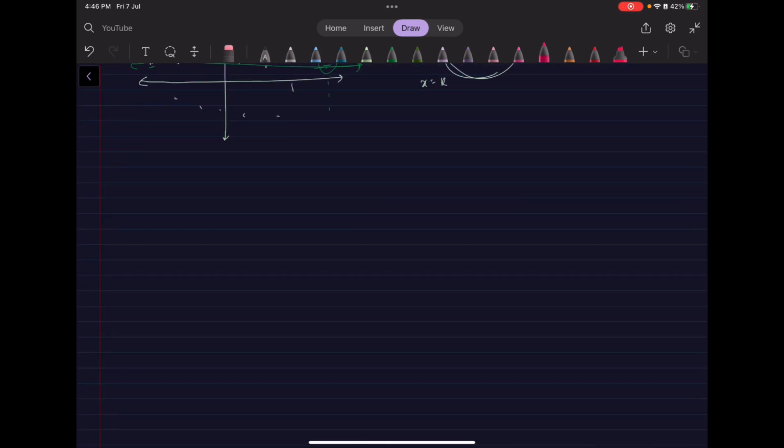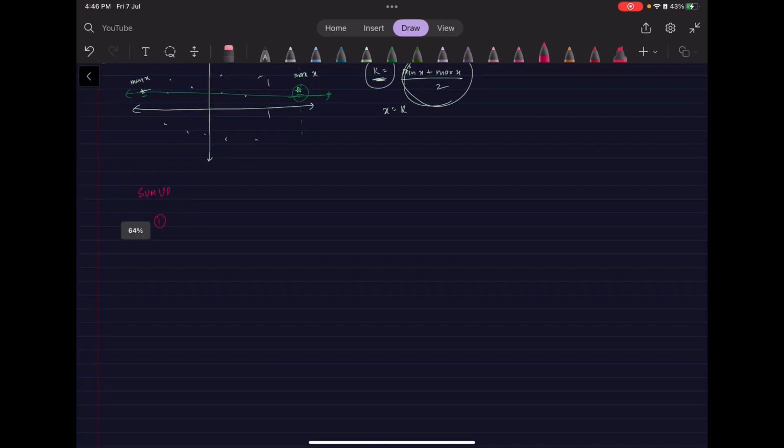If I were to sum up, first I'll find the min x comma y and max x comma y. Then k is equal to min x plus max x by 2.